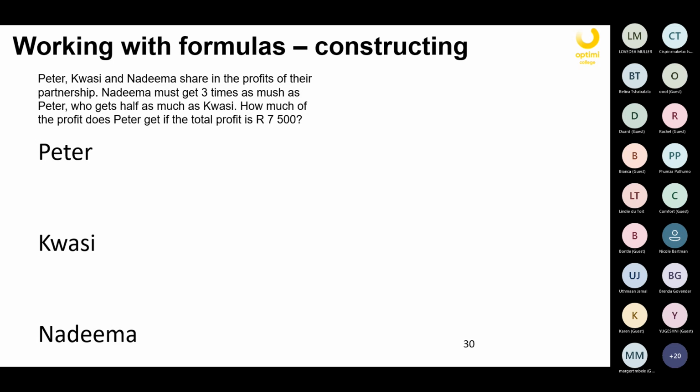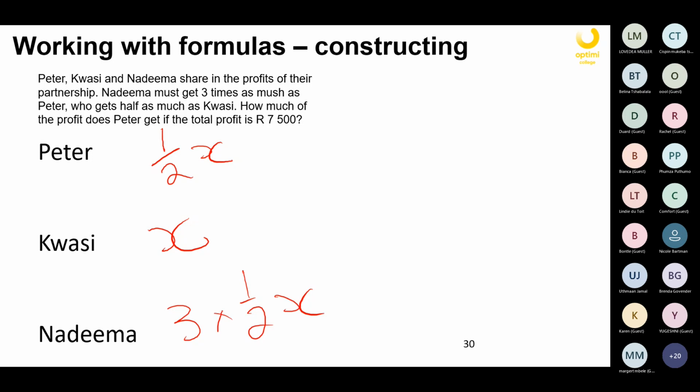So we have to base the formula on Kwasi as X. Okay, are you with me? You always look at who gets the least or who gets 1 part, and that's Kwasi. So Kwasi gets X, Peter gets half X, and Nadima gets 3 times half X. You understand that?